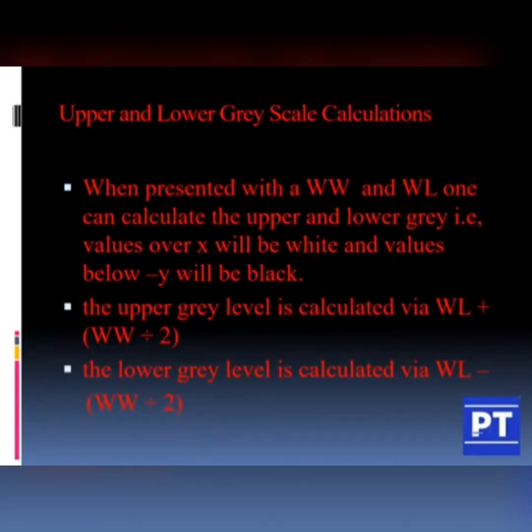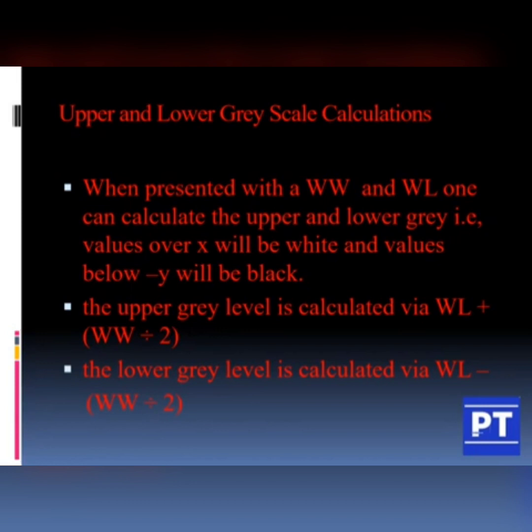Upper and lower gray scale calculation. So how can we calculate the upper and lower scale? When represented with a window width and window level, one can calculate the upper and lower gray levels. That is, values over X will be white and values below minus Y will be black.